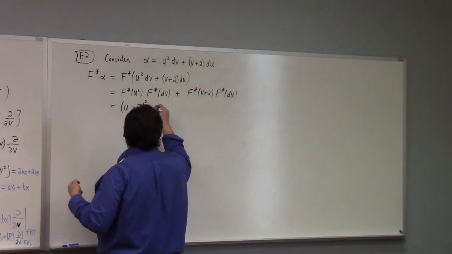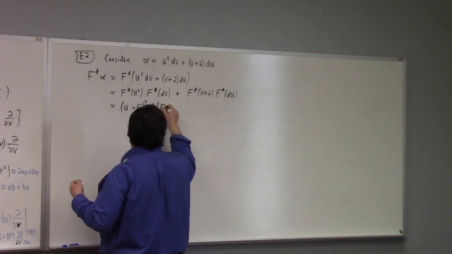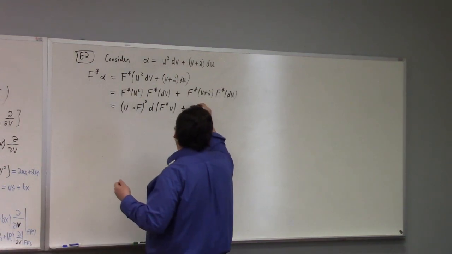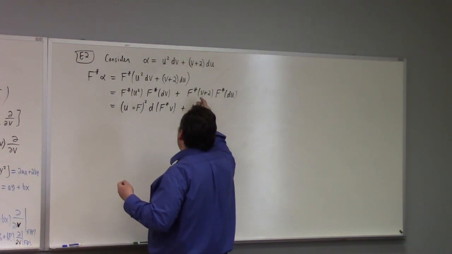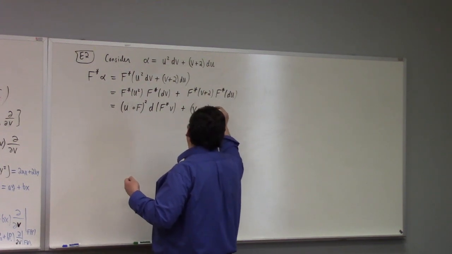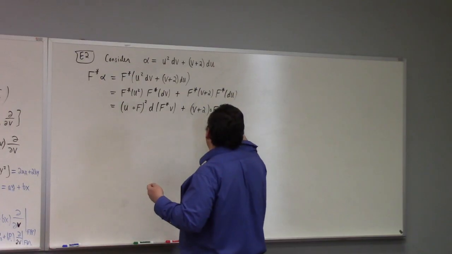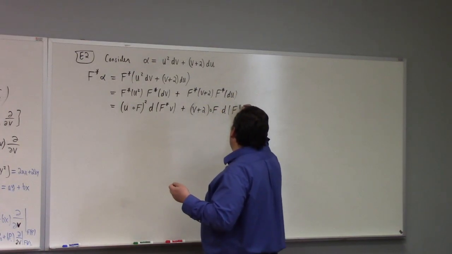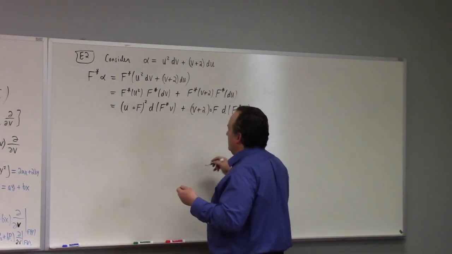And then we're talking about the exterior derivative of the pullback of v. Over here, we're talking about, again, v plus 2 composed with f, I think. And then here, this is the exterior derivative of f pullback u.